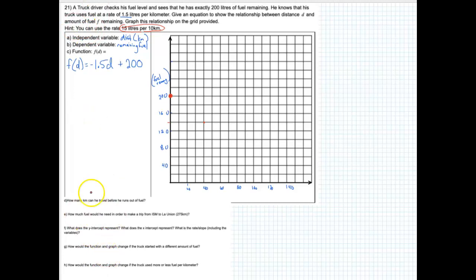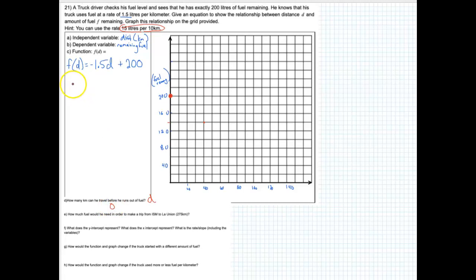All right, let's look at the next question before I make my graph. How many kilometers can we go before we run out of fuel? Well, if we run out of fuel, first of all, we need to find out what the input is. What is D? We're trying to find out what D is here. The output we know is going to be 0. I can use this function here.